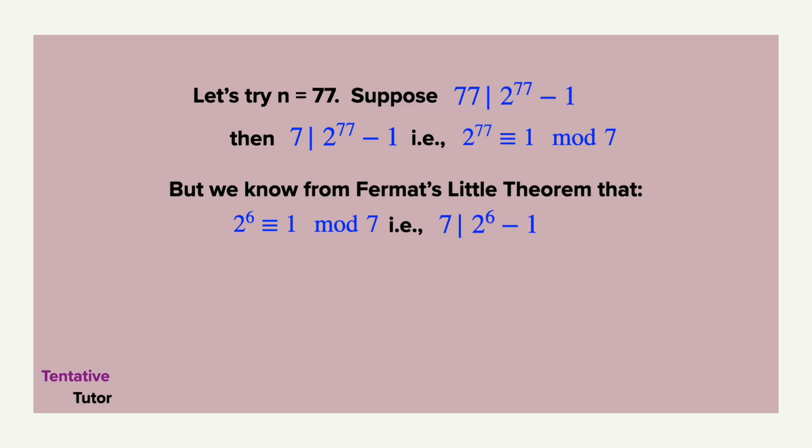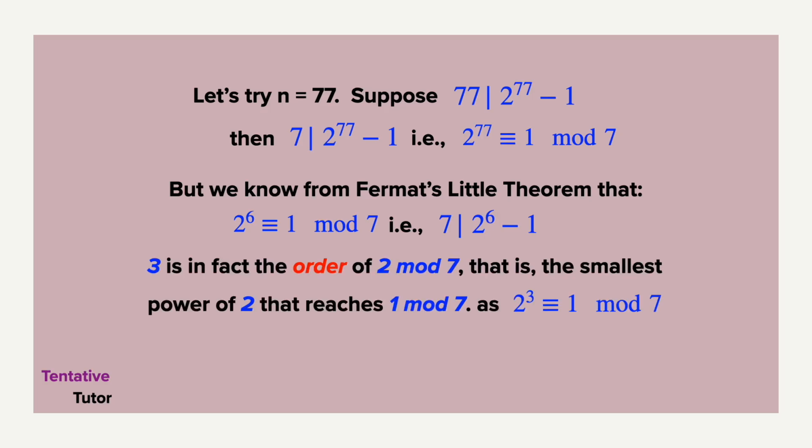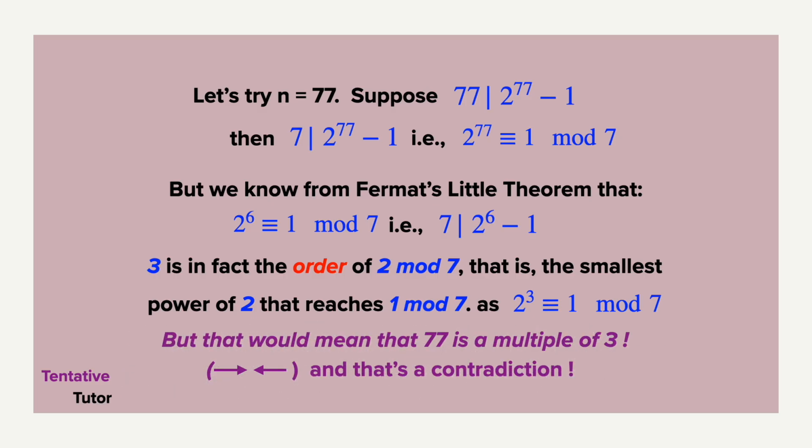In other words, 7 divides 2 to the 6 minus 1. In this case, 3 is in fact the order of 2 mod 7. That is, it's the smallest power of 2 that reaches 1 mod 7, since 2 cubed is congruent to 1 mod 7. But once again, that would mean that 77 would have to be a multiple of 3. And since 7 is actually the smallest non-trivial factor of 77, that's a contradiction.